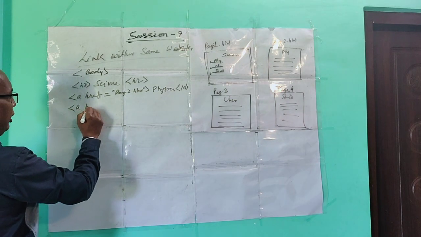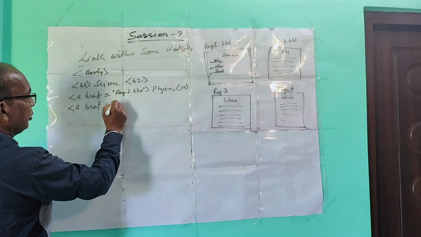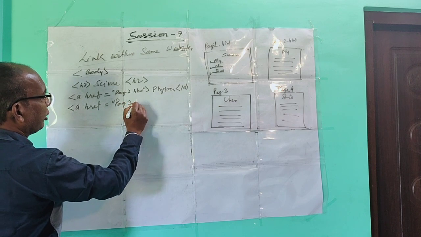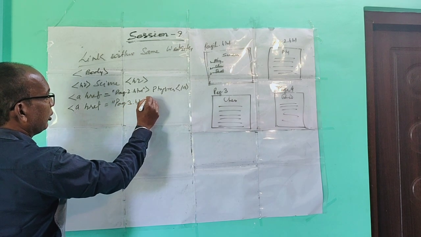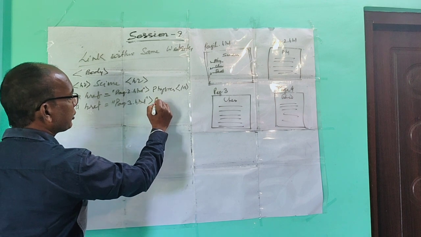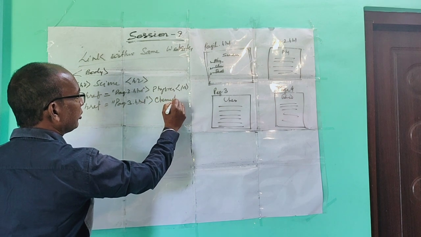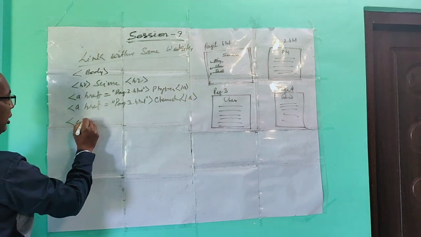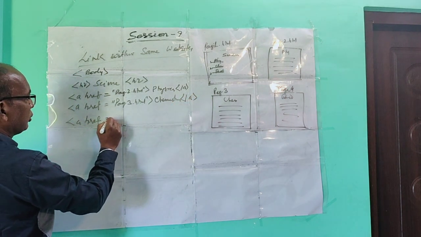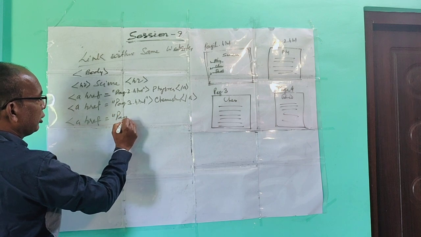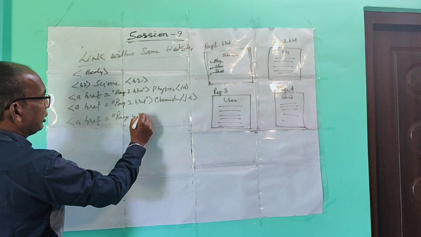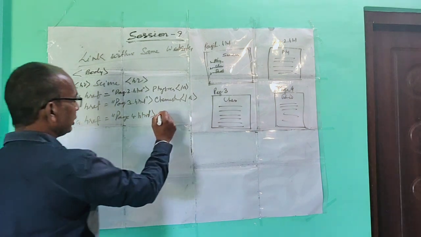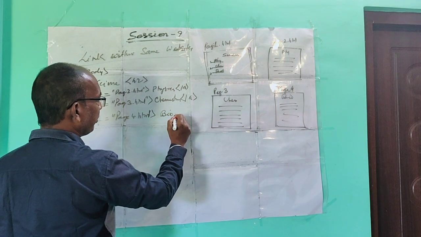Then a href equals to page 3.html, say chemistry, anchor close. Then a href equals to page 4.html, say biology.